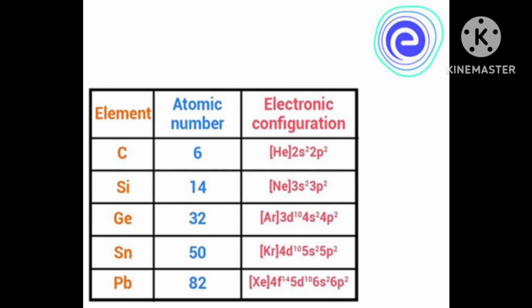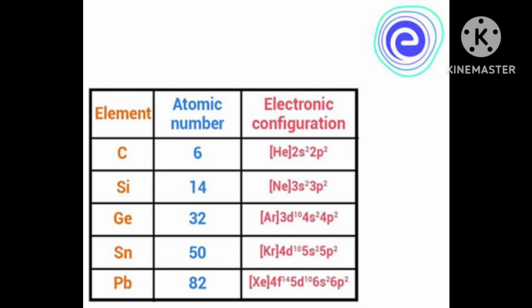Like that, for silicon, the first ionization energy is 786, the second is more, 1577, the third is 3228, and the fourth is 4354.